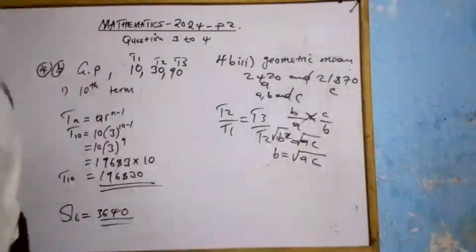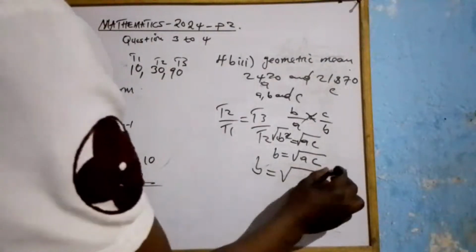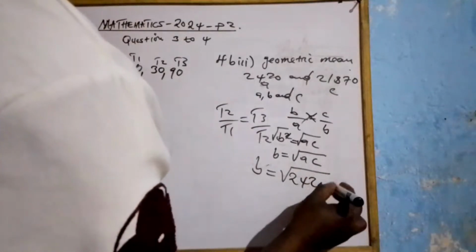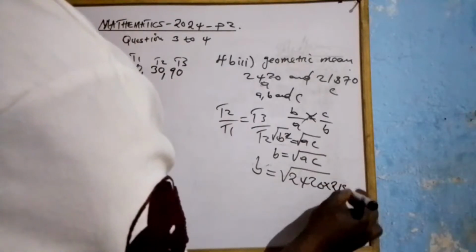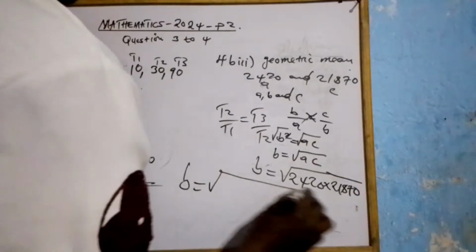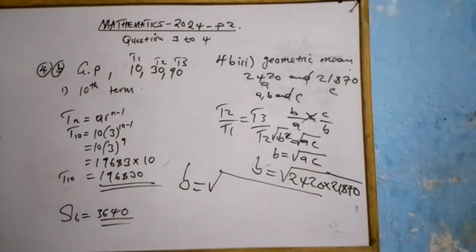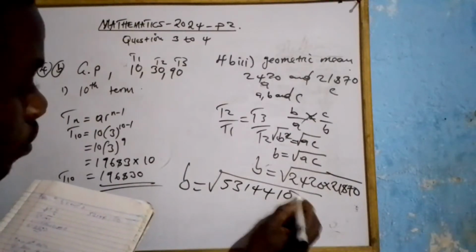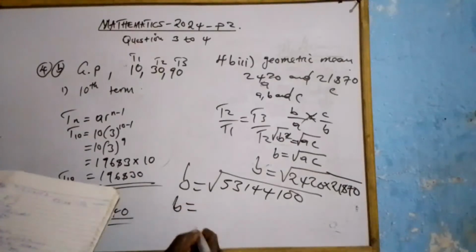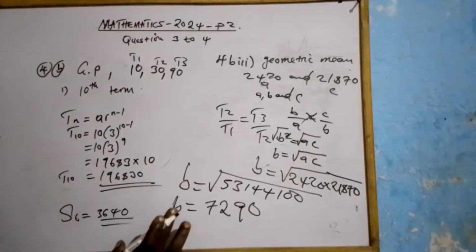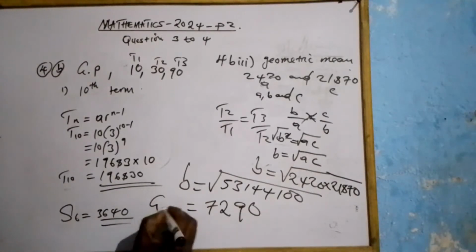A is this and C is here, in which B equals the root of 2430 times 21,870, in which you are going to have this figure here, 53,144,100, in which B equals 7290. So this is our geometric mean.